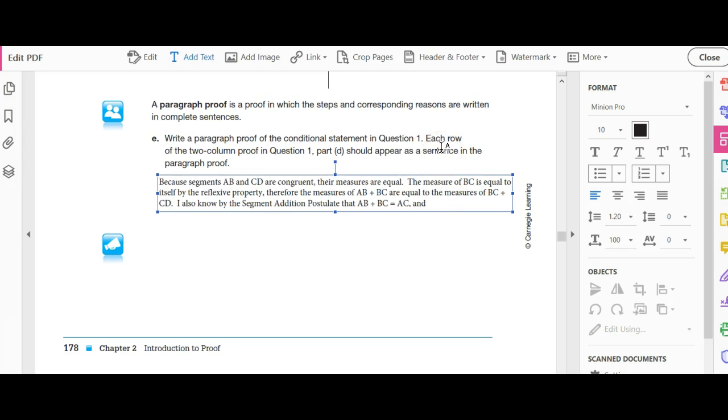And I also know that BC plus CD equals BD. By substitution, I can now say that AC, or the measure of AC, equals the measure of BD.